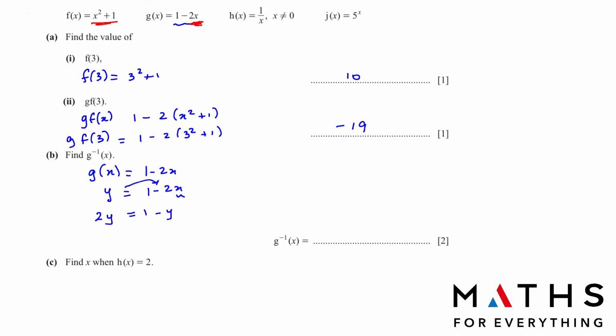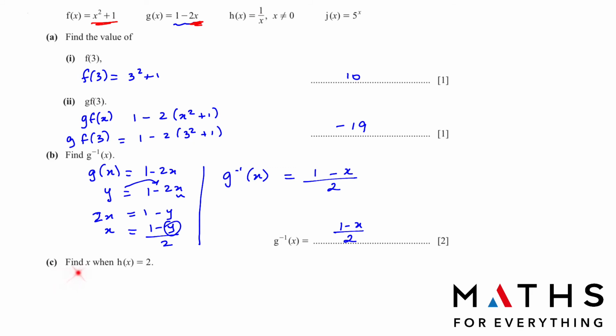The signs will change. Sorry, this is x. And then divide everything by 2. Now in place of x, we write g inverse x. In place of y, we substitute it with an x. So g inverse of x is 1 minus x over 2.